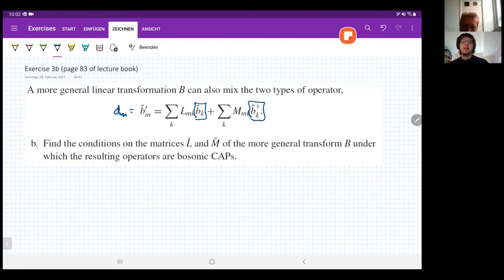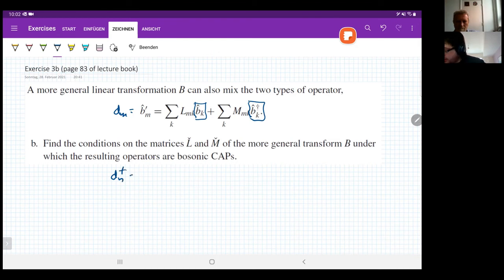And yeah, we proceed exactly as follows. We start writing up the commutation relation, and then we just plug in our new definitions of d_M and d_N dagger into these commutation relations and try to work out what are the restrictions.